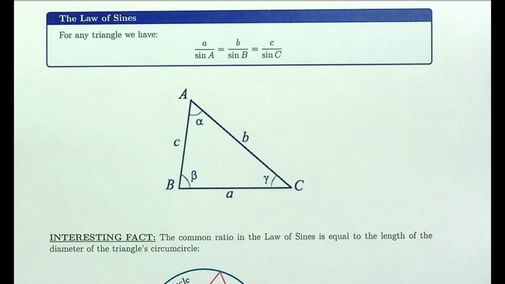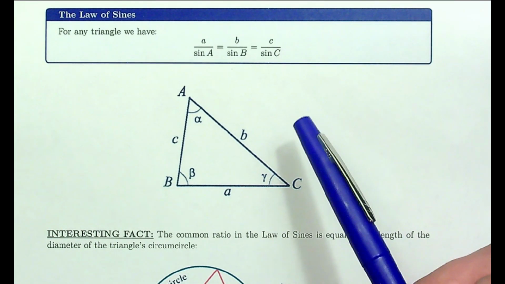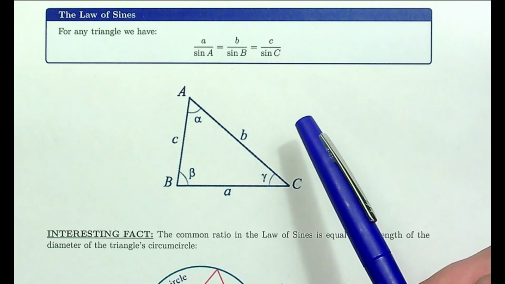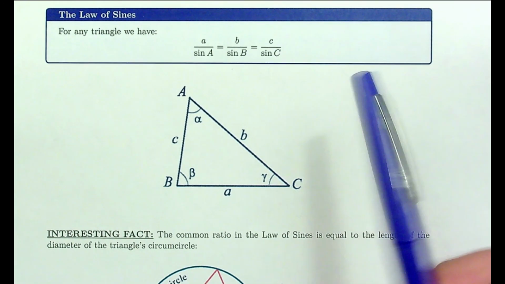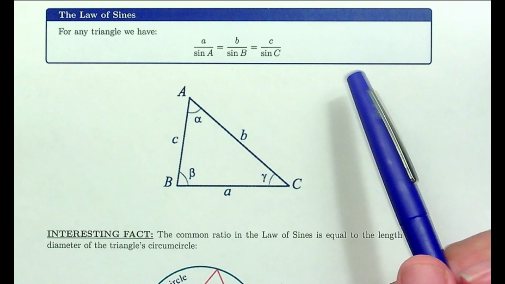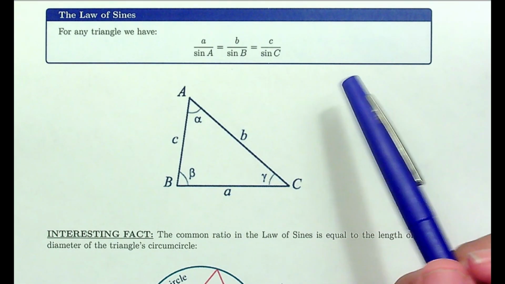First of all, let's go quickly over what is the standard way of labeling a triangle. There's a standard way, and you have to know this. If you have any triangle, you can label the vertices any way you want.